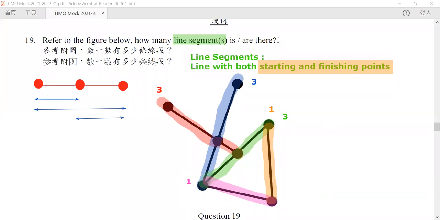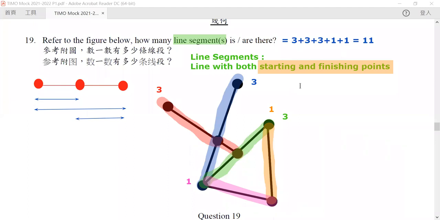So how many line segments are there in total? This equals 3 plus 3 plus 3 plus 1 plus 1, and hence our answer is 11. Now again, please notice that a line segment means a line with both a starting point and a finishing point.